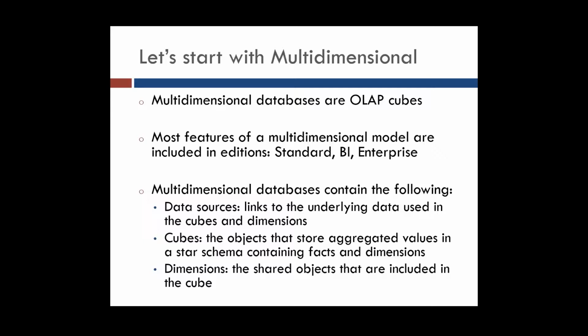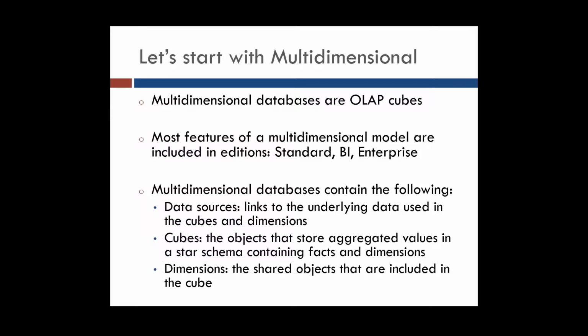It's going to be available in most of your editions of SQL Server: Standard, BI, Enterprise. Of course, as you get to the Enterprise editions, you're going to have a few more features, things like partitions. But most of the functionality is even going to be in your Standard version.